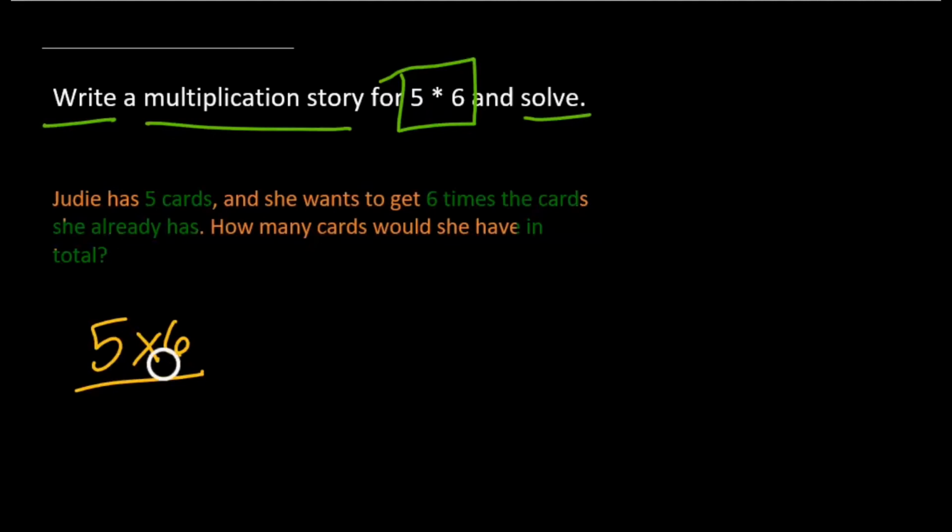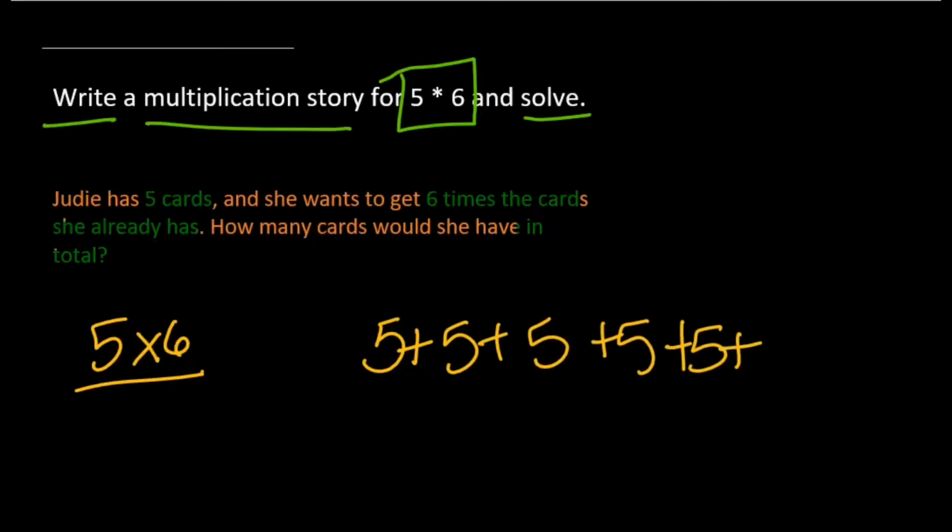Okay, so I think you guys know what multiplication basically is now. So what we're going to do for this is we have 5 times 6. So that means we're going to add 5 6 times. So it will be 5 plus 5 plus 5 plus 5 plus 5 plus 5 equals blank. So we have 5 written down 6 times. We have to add 5 6 times.